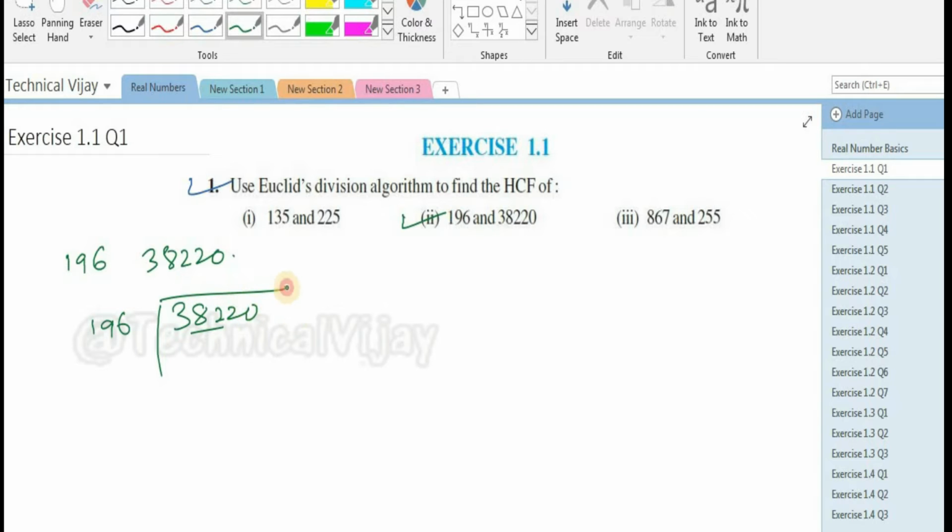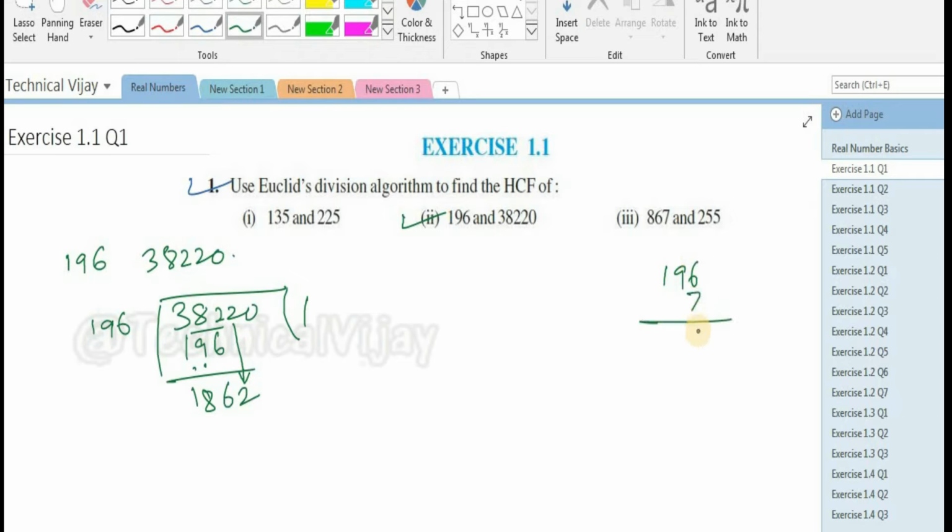So 196 into 1 will go. 196 ones are 196, so this will give 1862.